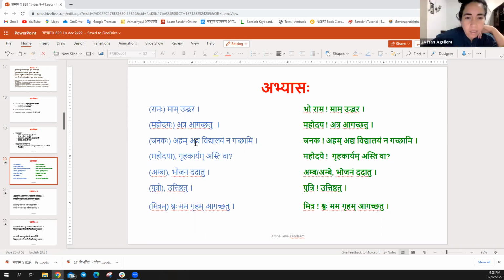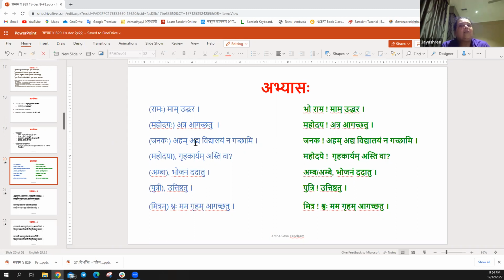Mahoda. So we get familiar. I was just confused whether I had to pick other vibhaktis. So, Mahodaye, Griha Karyam, Astiva. But it's still in past, right? Did you do your homework or do you do your homework?